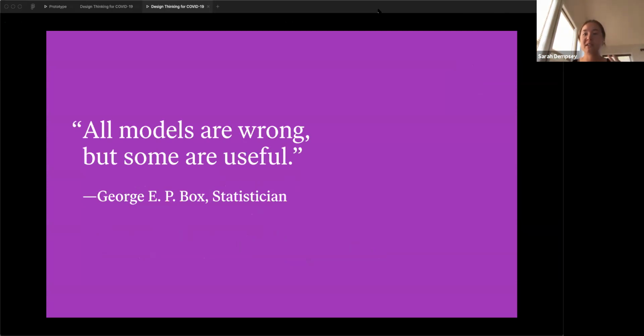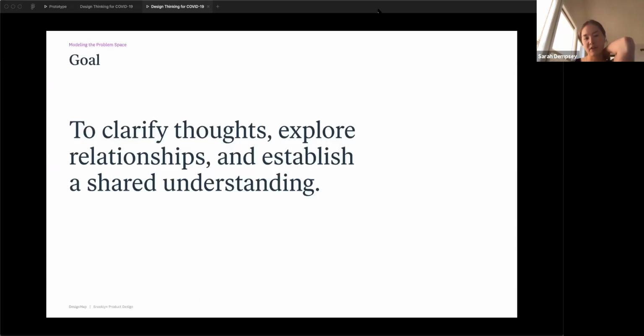Instead, what we're trying to do is tease through nuances of the information and the problem space and understand relationships. So the goal when we were working on this project specifically was for Vivian and I to clarify our thoughts, explore relationships, and especially in this shelter-in-place time when we're working remotely, we needed to do these models as a way to make sure Vivian and I were on the same page for that collaborative aspect.